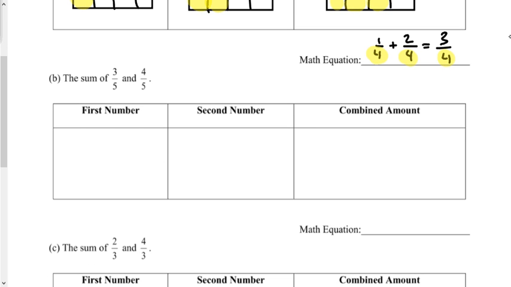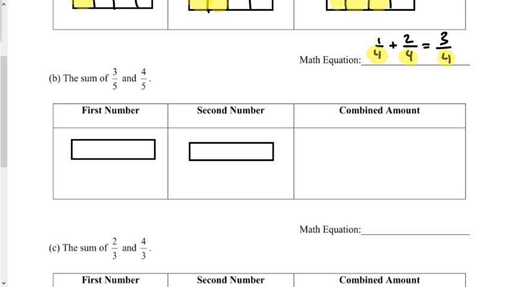Right? Down here, if I'm doing the same thing, but I'm doing it with fifths, we'll put our wholes on here. And then for fifths, I've got 1, 2, 3, 4 lines will make 5 boxes, right? 1, 2, 3, 4, 5.